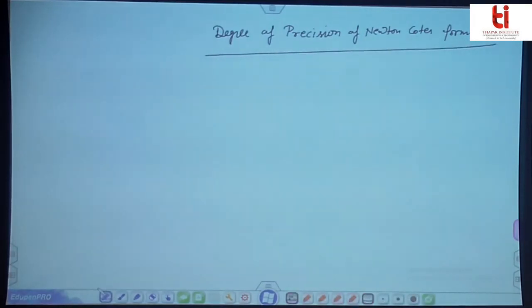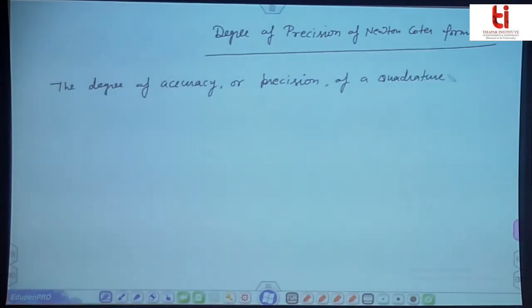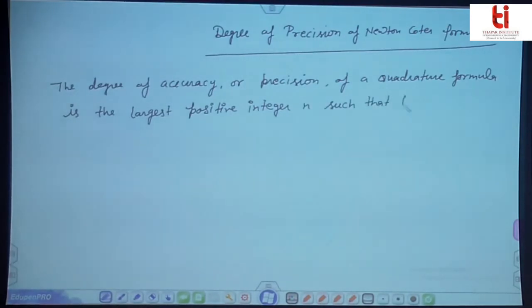Degree of precision of Newton-Cotes formula. So the degree of accuracy or precision of a quadrature formula is the largest positive integer n such that the formula is exact.